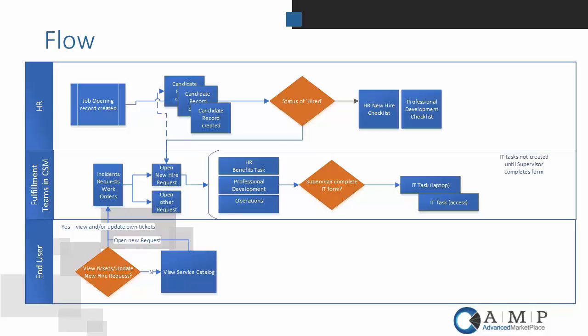And then once the supervisor goes into the portal and populates the IT-specific fields, additional IT tasks will be created. And from an end-user perspective, the hiring manager can then update that ticket and view the status of that ticket as well. So let me go ahead and take you into the system.